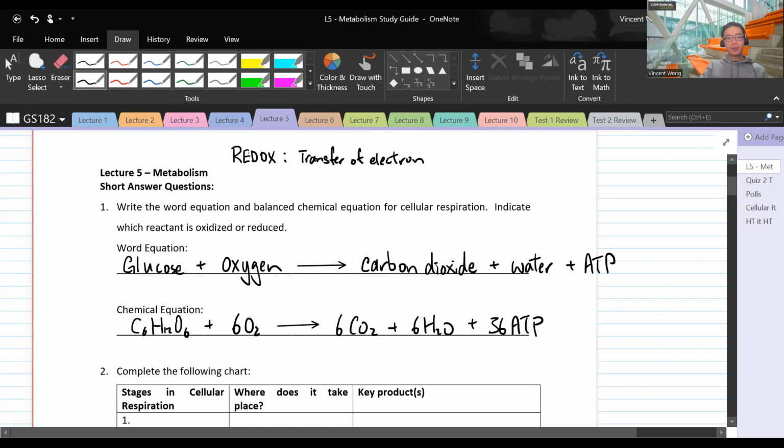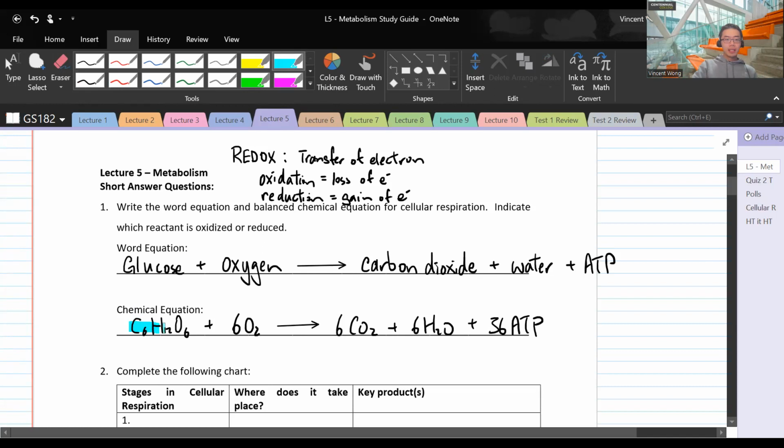And in this case, the glucose is being oxidized. Oxidation means loss of electron, whereas reduction, that is gain of electron. Right, so in a redox reaction, something is losing electron and something else has to pick it up.